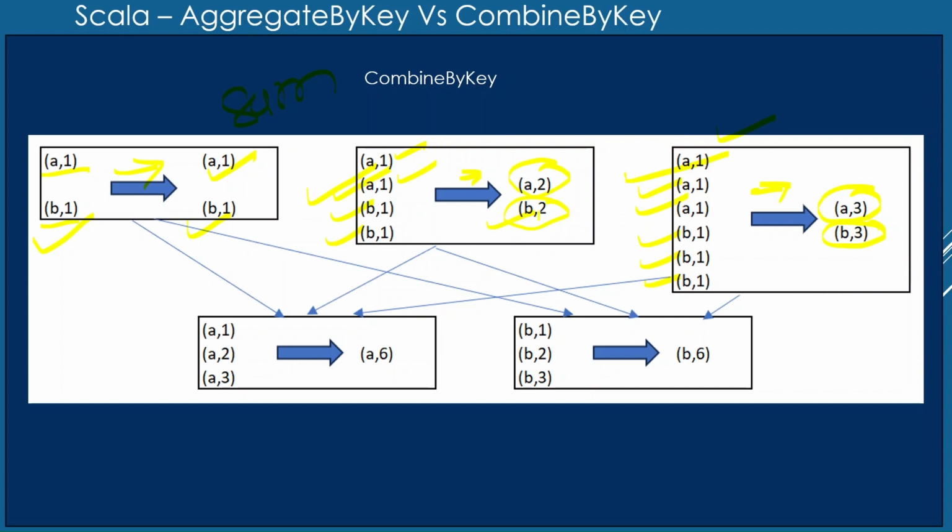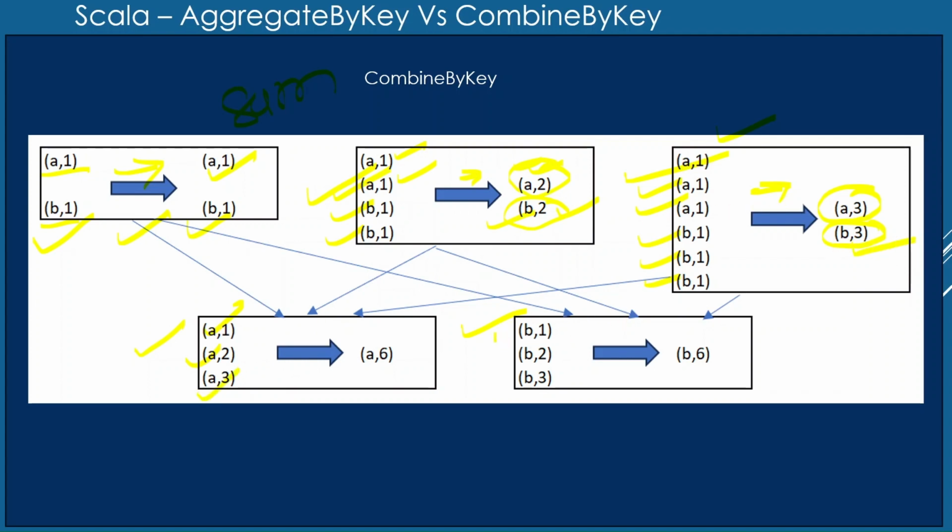Now, when it reduces to a single value per key, it will shuffle the data at the last stage and create two partitions. So this one is coming from this partition. This A2 is coming from the aggregated result of this partition. A3 is coming from the aggregated result of this partition.